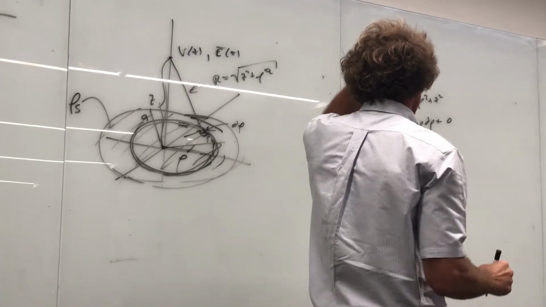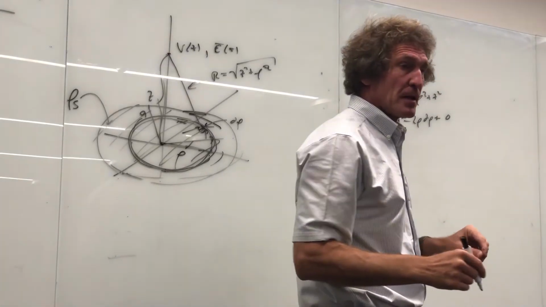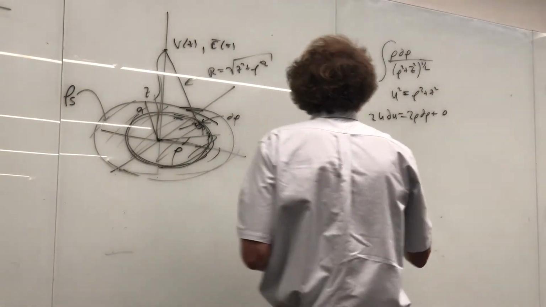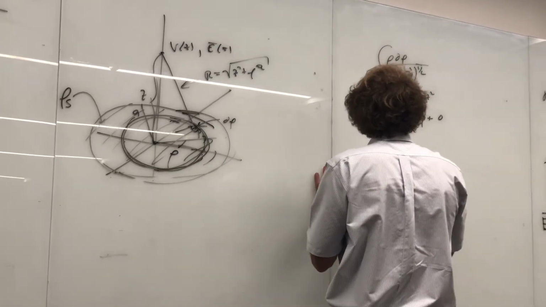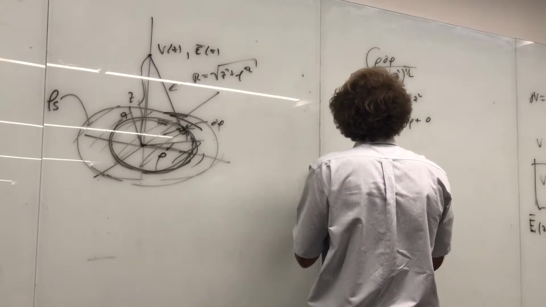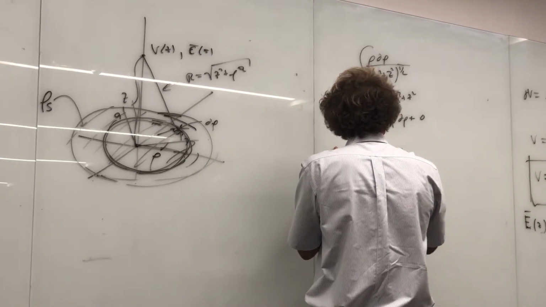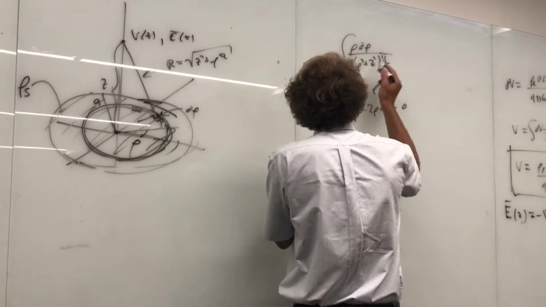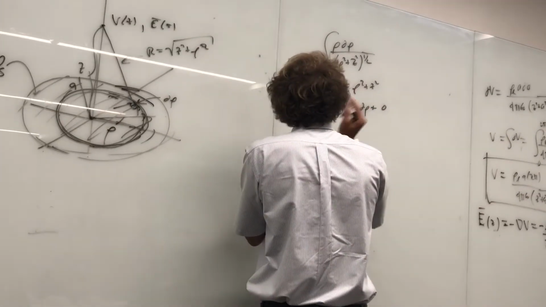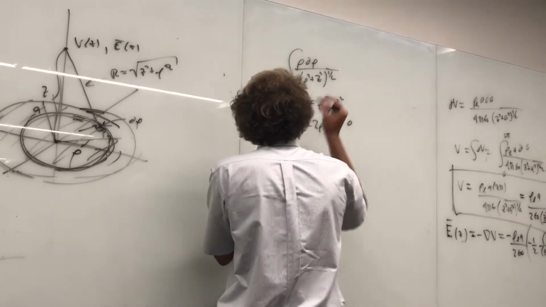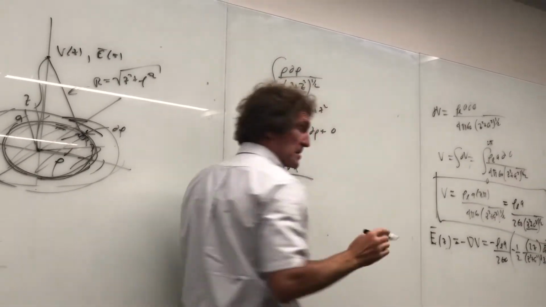The integration is only in rho. Do you all agree with me there? And that means this integral here would really be the integration of rho d rho, which is really u du, over rho squared plus z squared, which is u squared. But u squared to the 1/2 is just u, is it not, class?